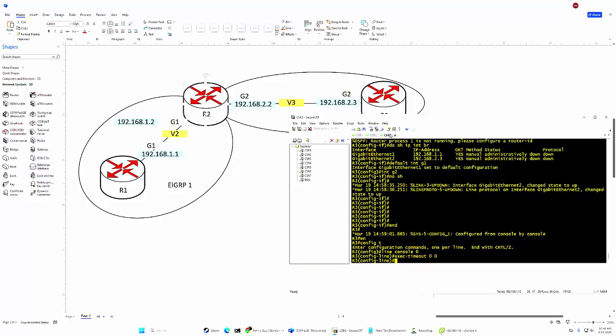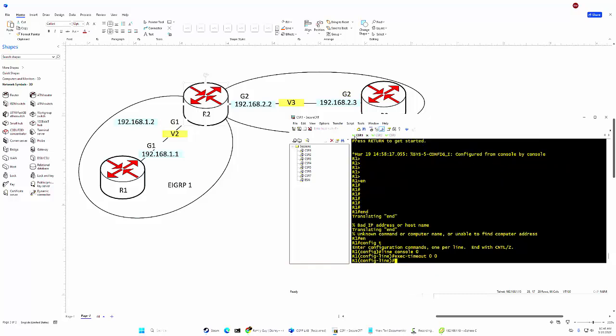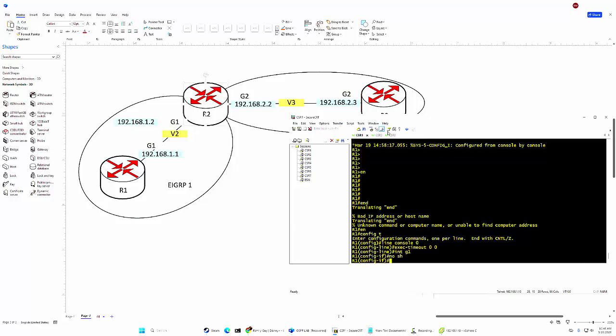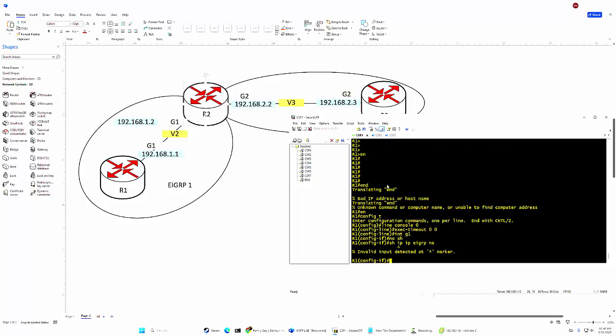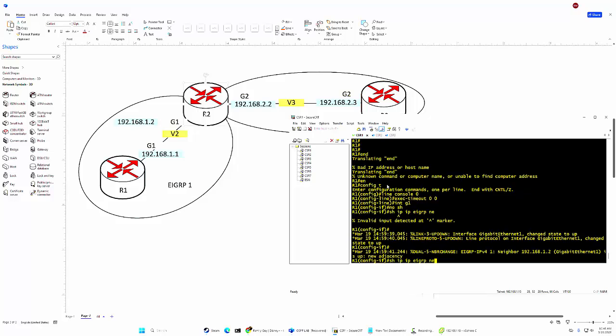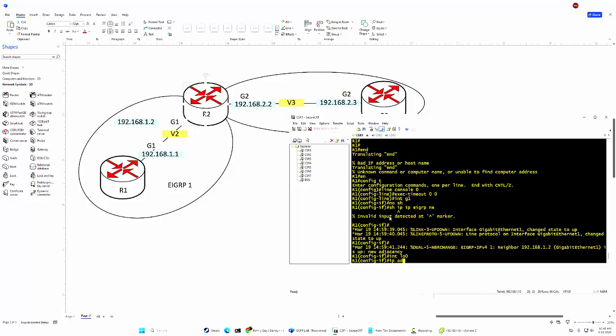Okay. Where were we? Right here. Interface G1. No shut. All right. So now do show ip eigrp neighbors. Okay, I just got it. All right. So now on router one, interface loopback 0, IP address.